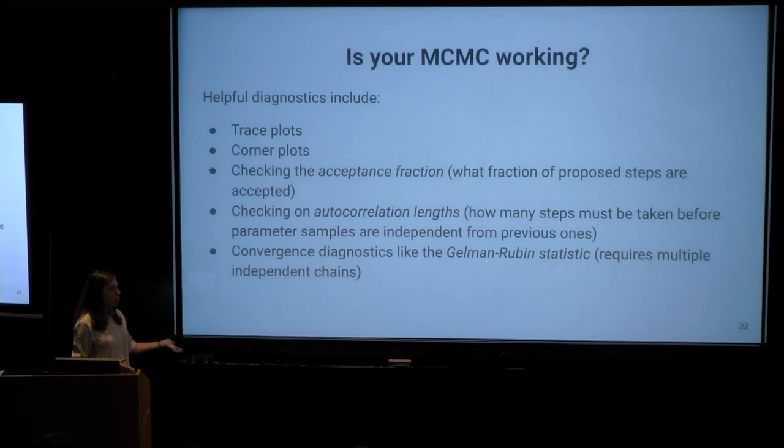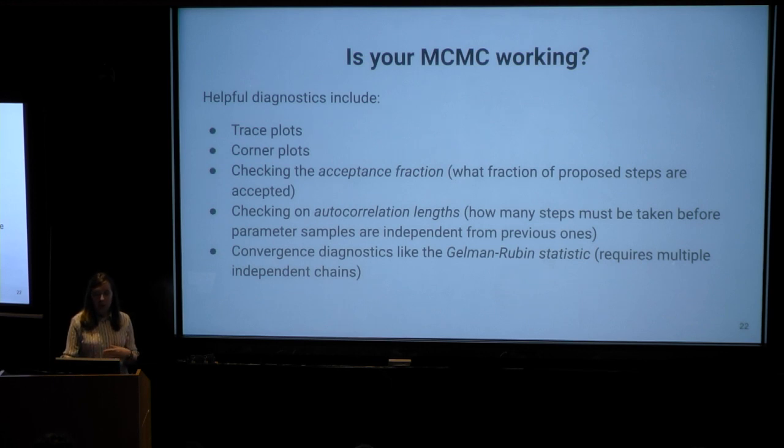We also talked about the corner plot, which shows you the posteriors and whether or not you're sampling your posteriors well. A couple of other related things are the acceptance fraction. So what percentage of the proposed steps get accepted and added to the chain? You want it to be around 50% or so, although it could be a bit lower.